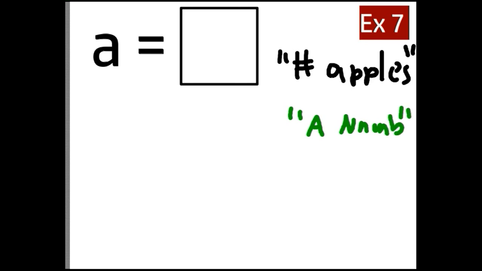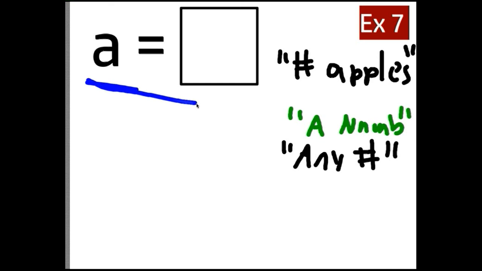Or it could also represent any number. Instead of writing these things out, it's a lot shorter if we just write A. So A could represent any number in the whole wide world. And so this question is asking, any number that you choose is equal to what?